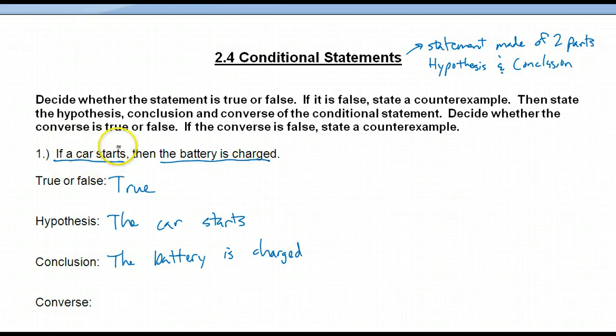If our hypothesis is not true, like we have a car that doesn't start, we can't make any conclusions. But if we do have a car that starts, we can conclude the battery is charged. The converse of this statement is when we flip around the conclusion and the hypothesis. So I'm going to rewrite this statement as its converse.